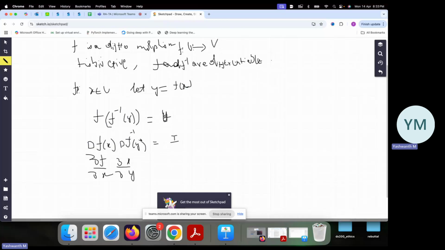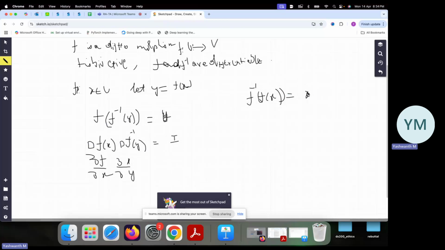So the key here is, and similarly, for any x, F maps x to F of x. If we do an inverse of this, we get that x.